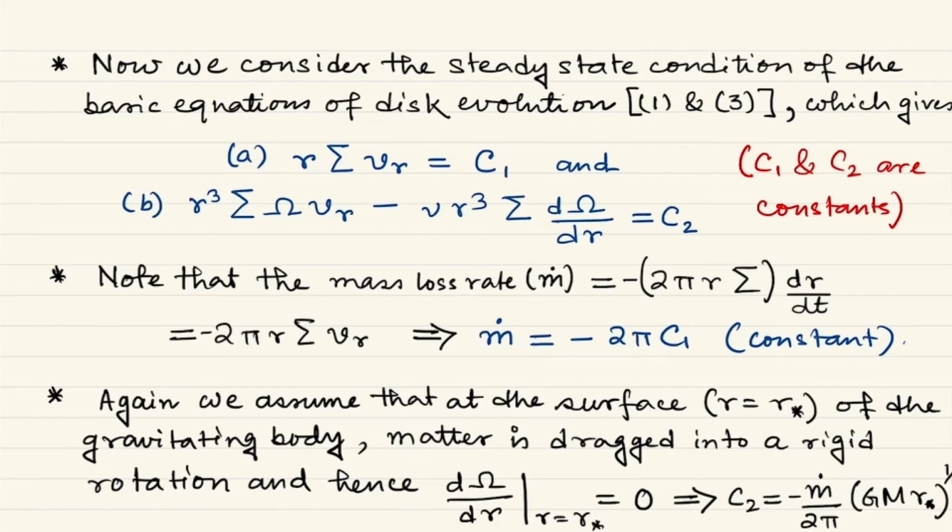Now note that the mass loss rate is nothing but minus, because there is a loss rate of course, 2 pi R sigma times dR dt.